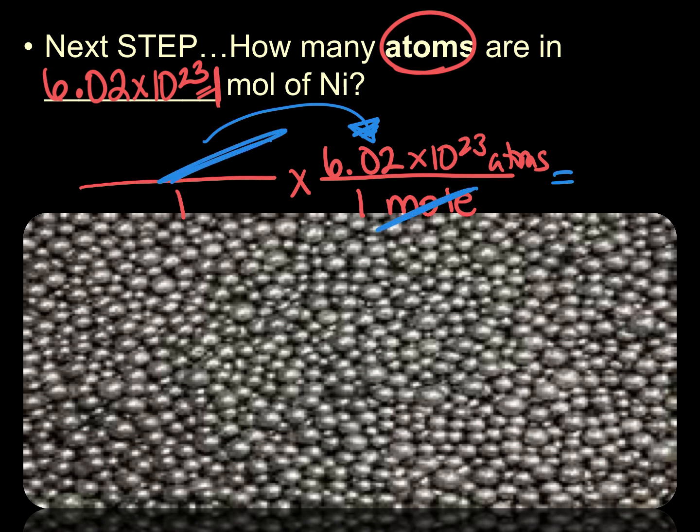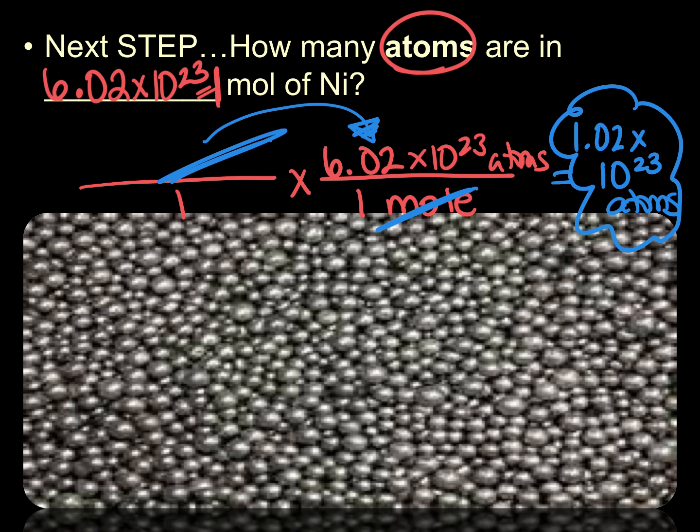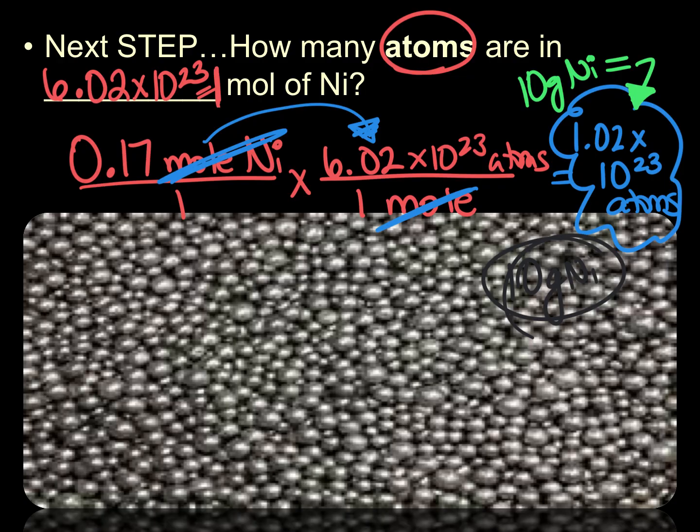My moles is going to cancel out, and it's going to tell me how many atoms I have. So I have 1.02 times 10 to the 23rd atoms of nickel if we started out with 10 grams of nickel. So that's what I started with, 10 grams of nickel is equal to that many atoms of nickel.